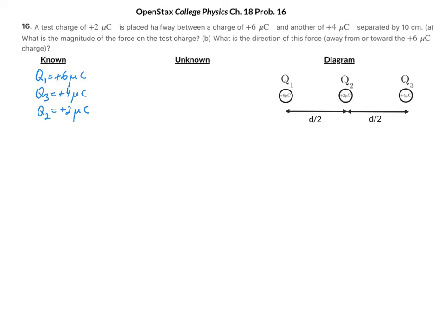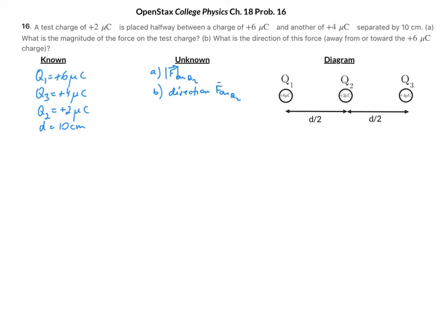We know that the separation between charges Q1 and Q3 is D, and that is 10 centimeters. And in part A, we're looking for the magnitude of the force on Q2. And in part B, we're looking for the direction of force F on Q2.